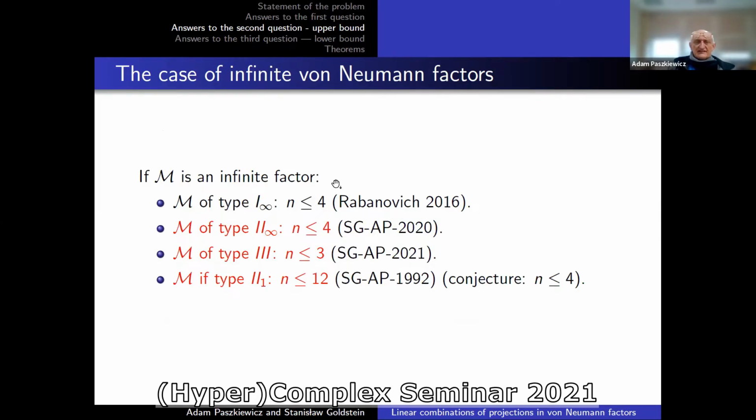So a natural direction in the theory is to look at von Neumann factors. It means such special algebras which are used as some bricks to build all von Neumann algebras. The algebra of all operators in a Hilbert space is a good example of such a factor.